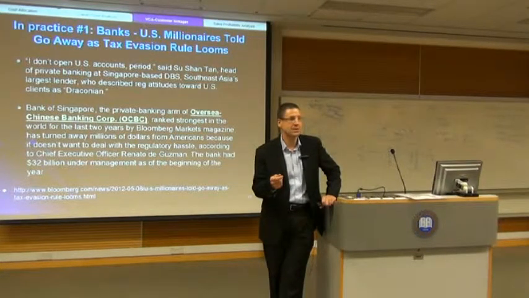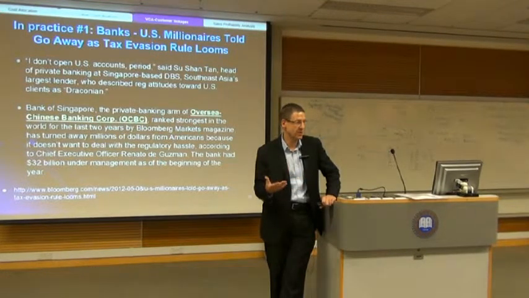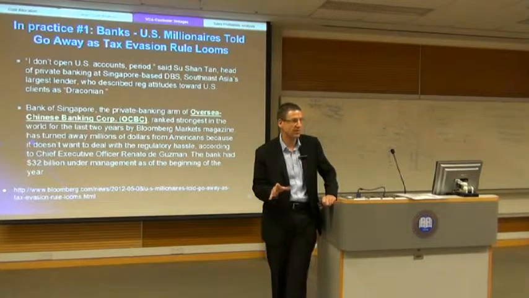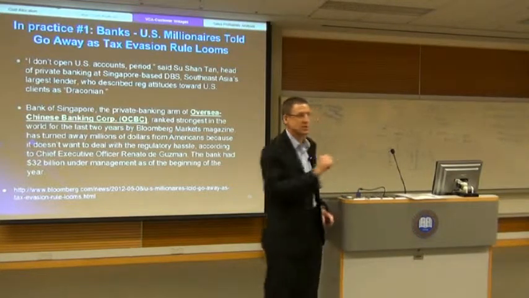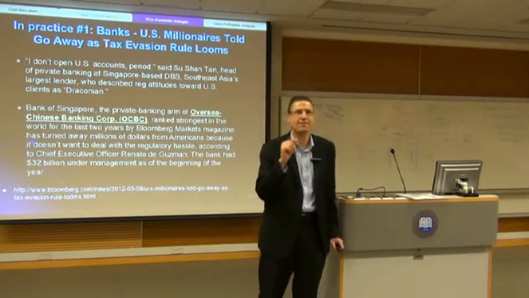The Hong Kong government last year signed an agreement to give information under this new law. We're going to do more about that in international accounting, but how does it affect you?